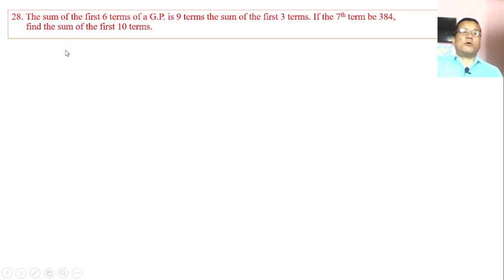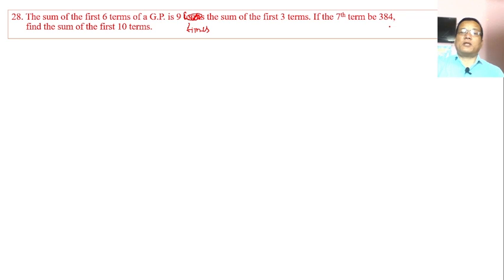Question number 28. The sum of the first 6 terms of a GP is 9 times the sum of the first 3 terms.